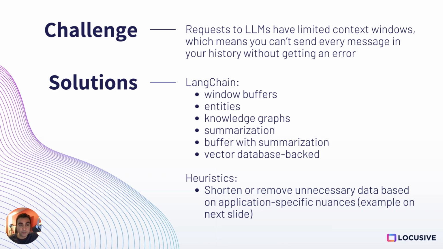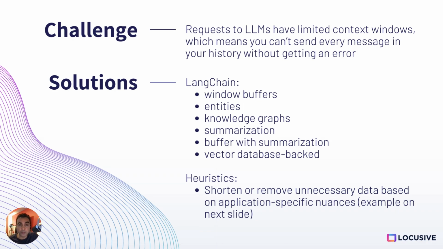They've also got the concept of entity memory, which is keeping track of people, places, things, anything that's important that might need to be referenced later. Similar to what they do with knowledge graphs, it's a certain type of memory that keeps track of specific things. They also have this concept of summarization, which is where you take an older set of memory messages and you summarize them using an LLM, and then you essentially insert those into your history where the old messages were.